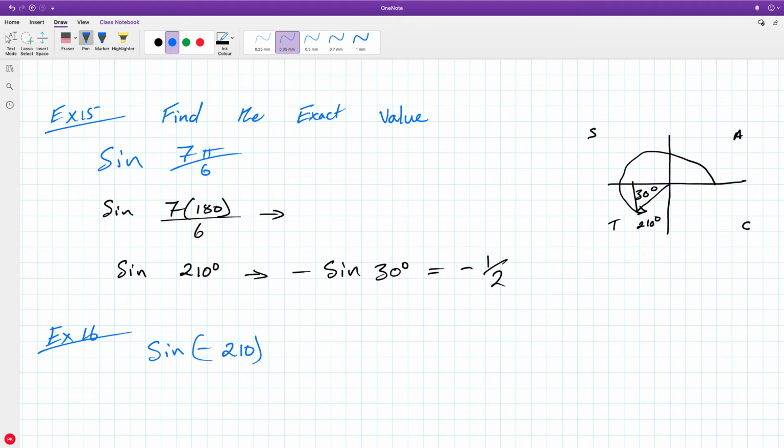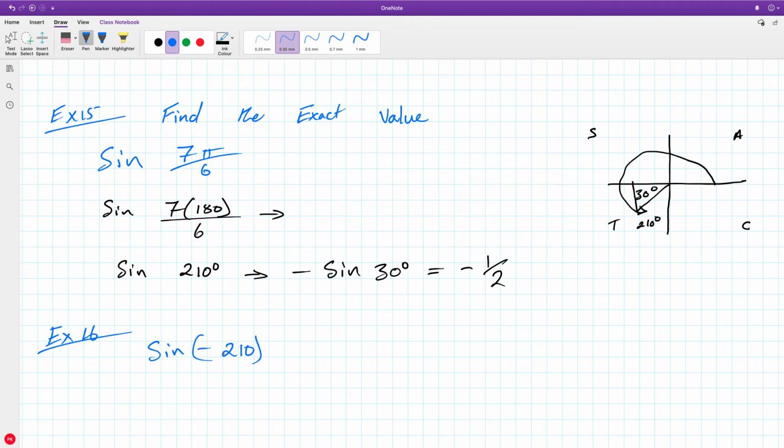Cos of minus a is equal to the cos of a. Cos is a lovely one, nothing changes. Cos of a negative angle is the cos of a positive angle.